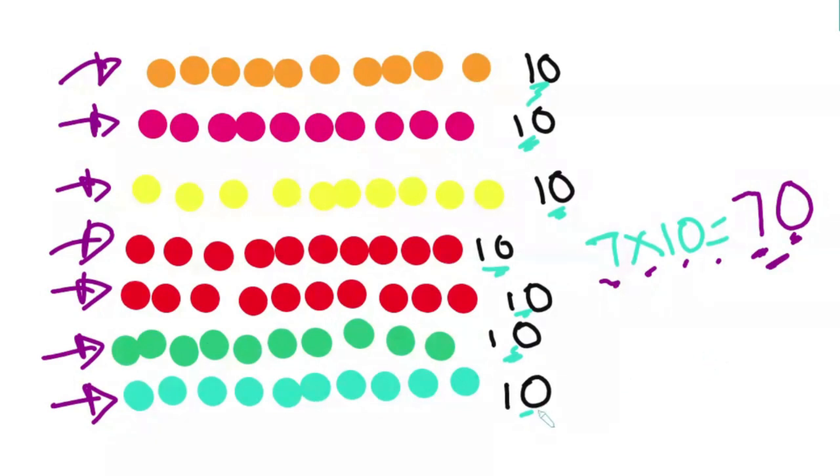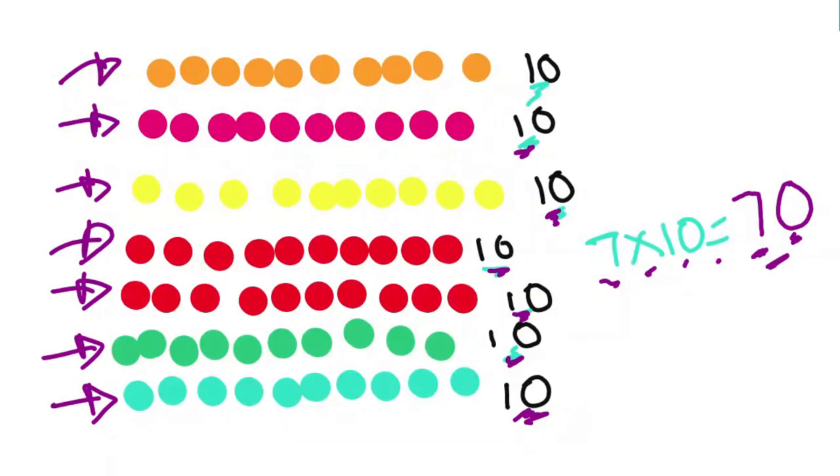Are you ready? 70, 60, 50, 40, 30, 20, and the last one must be 10. Phenomenal. So 7 groups of 10 is the same as 70.